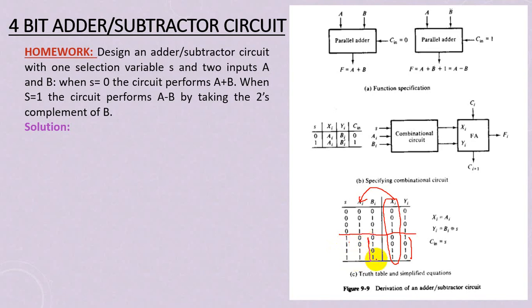When they are equal, output is 0. When s and b are equal, look at over here. S equal to 1, b equal to 1, output is 0.